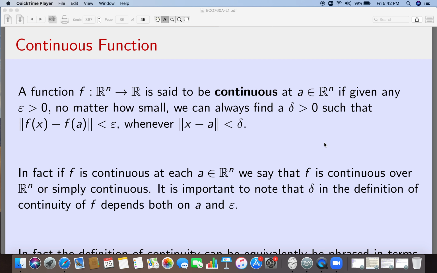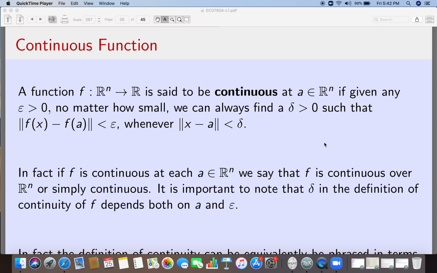Continuity, in a rough way, means a small change in x would record a small change in y. So if you see a small change in the function values, there is a corresponding small change in x. Just to colloquially remember continuity: a small change in x gives a small change in y.